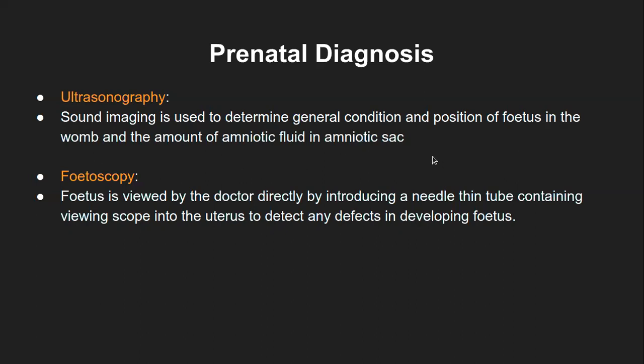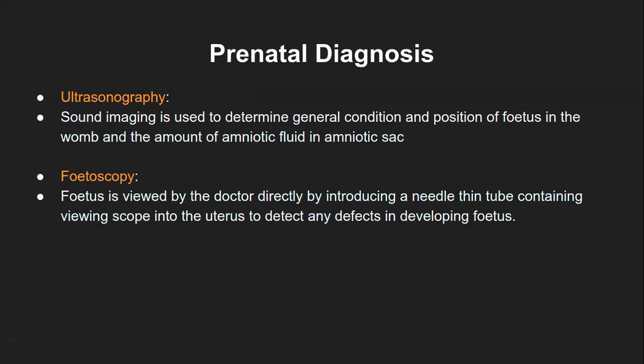Then the fetoscopy, in which the fetus is viewed by the doctor directly, introducing a needle-like thin tube containing a scope, which is nothing but a camera, into the uterus to detect any defects in the developing fetus. This is like the endoscopy technique, where a tube camera is inserted into body cavities.